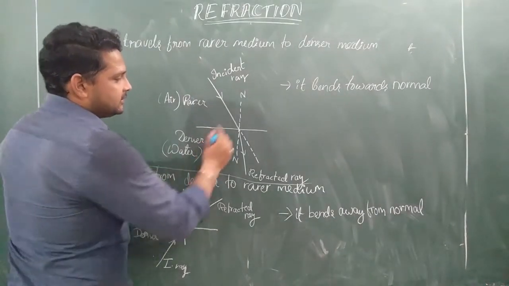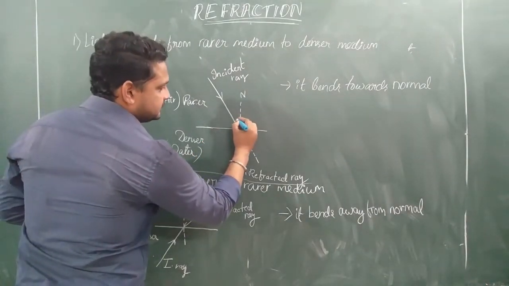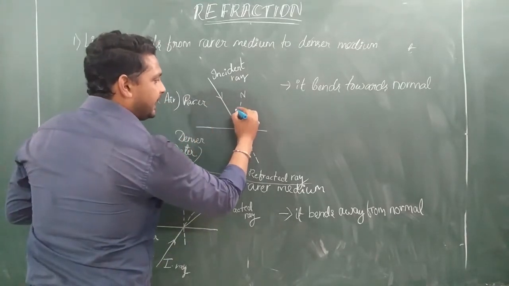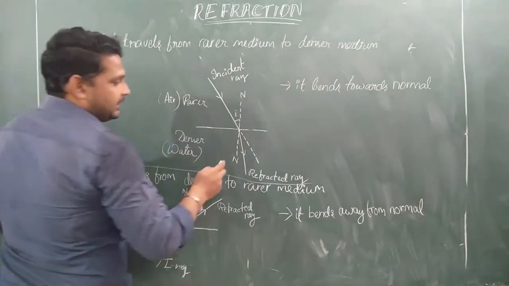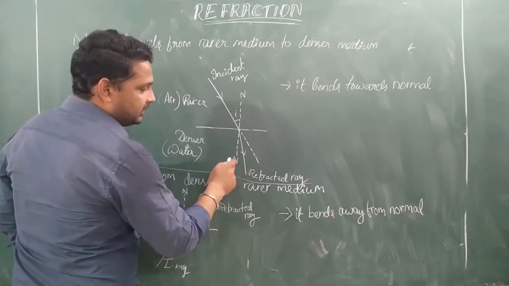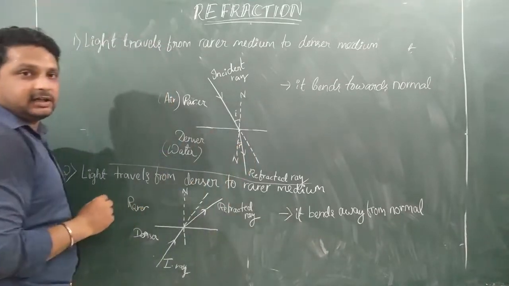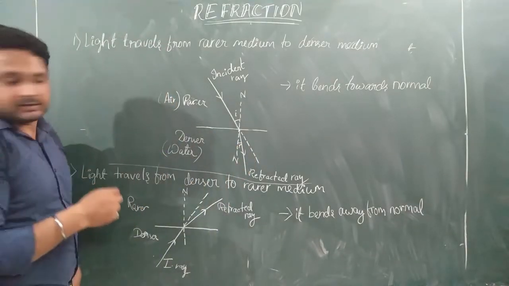So what is this angle? The angle between the incident ray and the normal is called the angle of incidence, and the angle between the normal and the refracted ray is called the angle of refraction. Okay, not reflection, refraction.